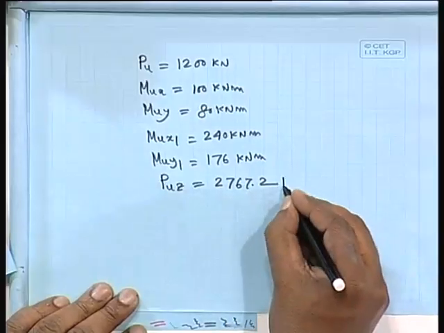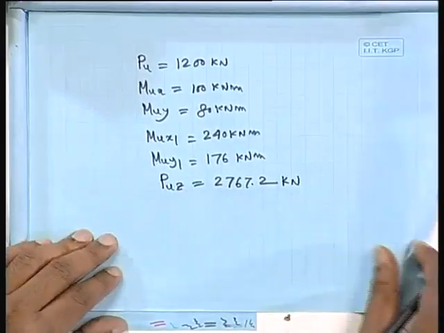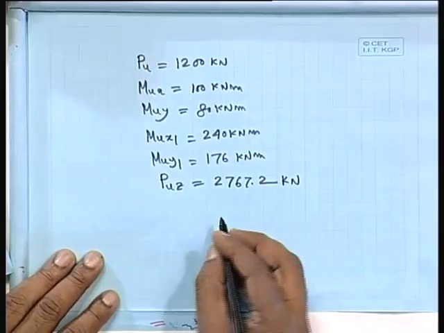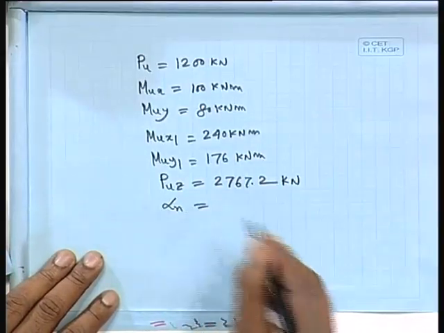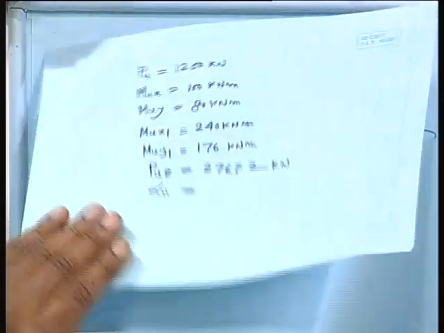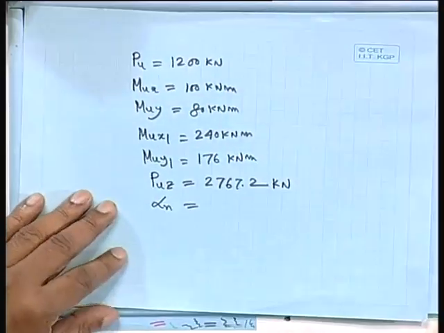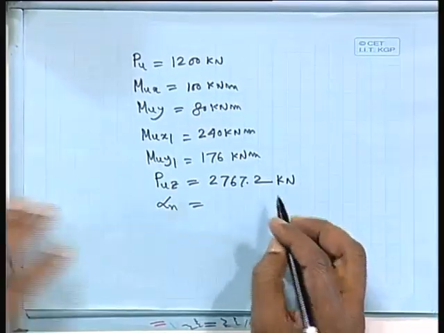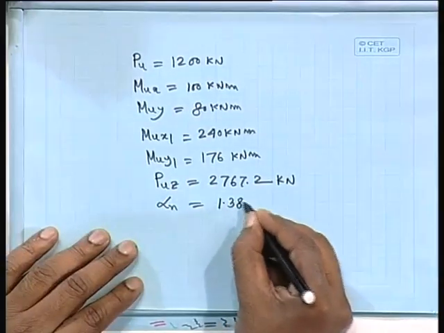Puz is 2767.2 kilonewton, and alpha n computed equal to 1.388.